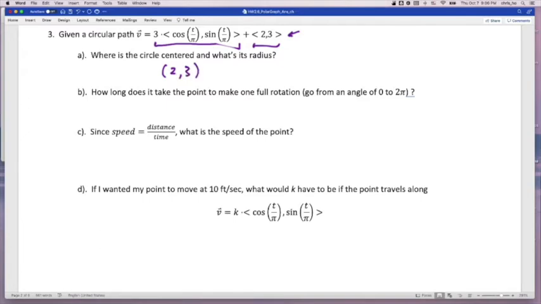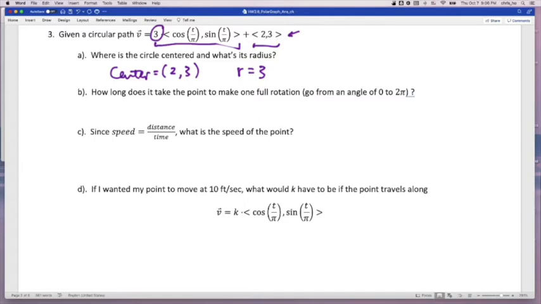What's its radius? Well, when you have 3 multiplied with a unit circle described by cosine of some value, comma, sine of some value, that means its radius is 3. So radius R equals 3. Center equal to that. How long does it take for the point to make 1 full rotation?